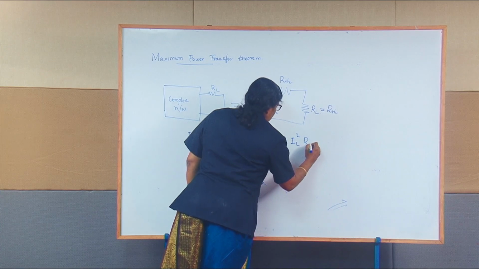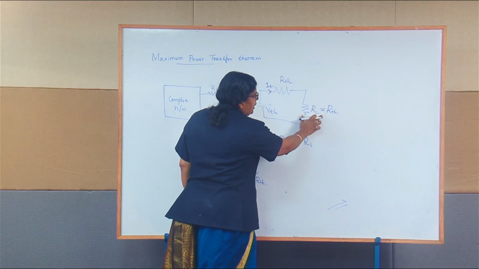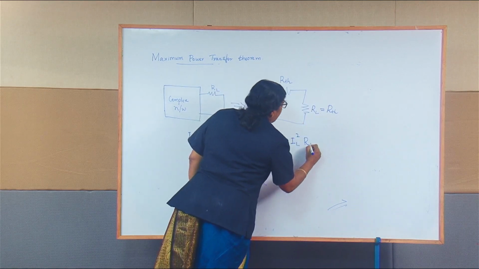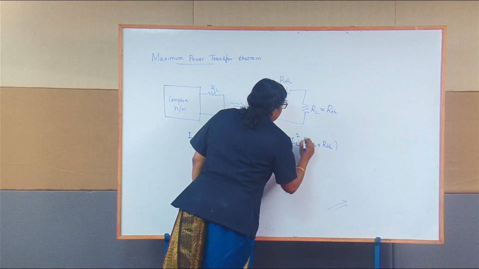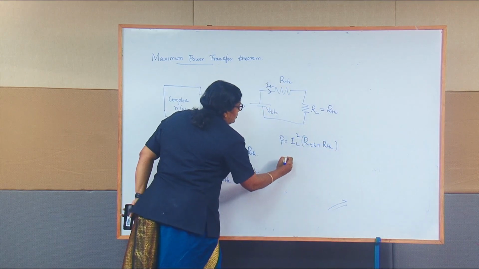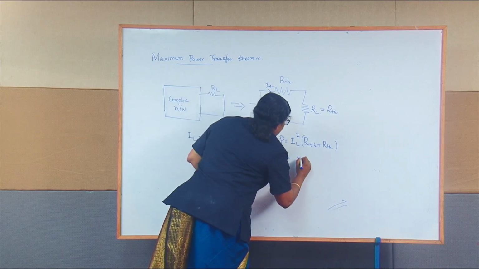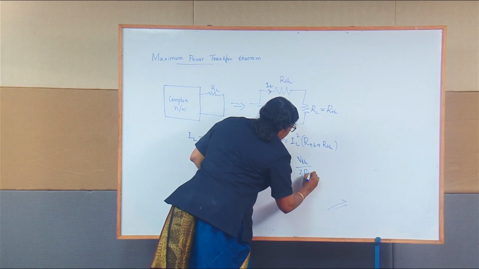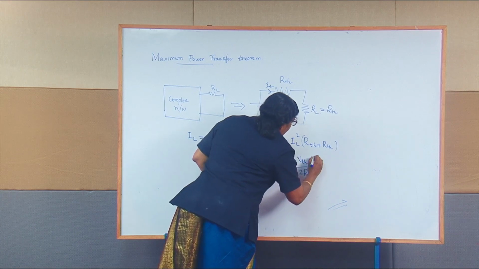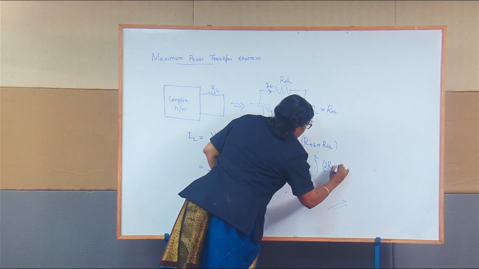Since R Thevenin and RL are in series, I can write the total resistance as R Thevenin plus R Thevenin. Substituting the value of IL, that is V Thevenin divided by 2 R Thevenin the whole square, into R Thevenin plus R Thevenin, which I will write as 2 R Thevenin.